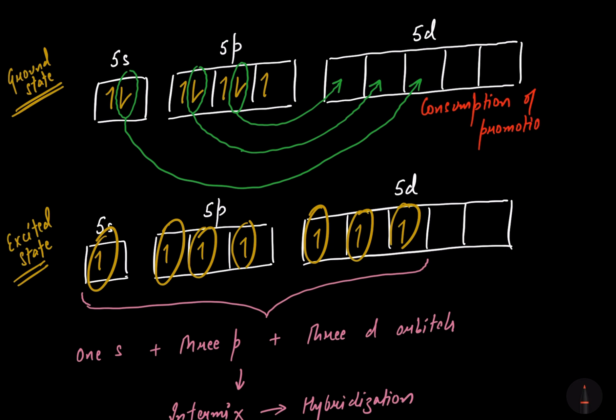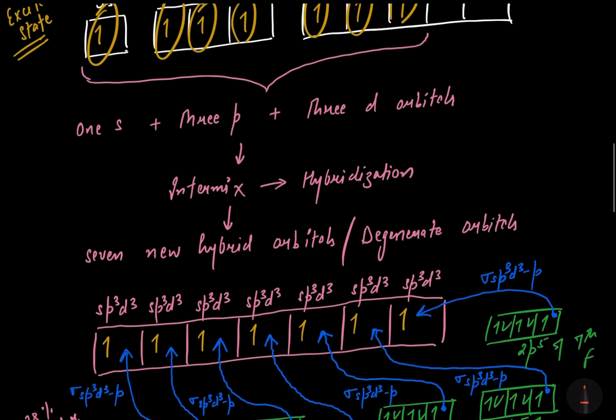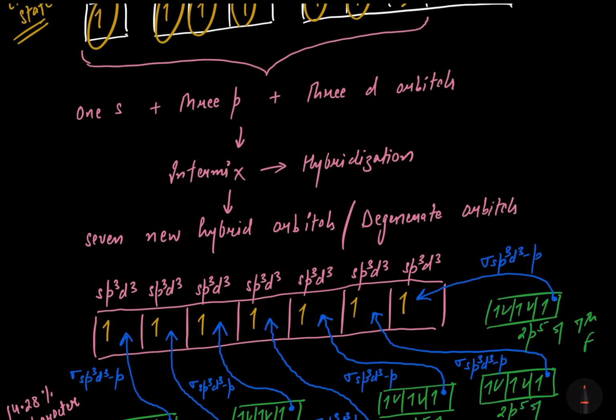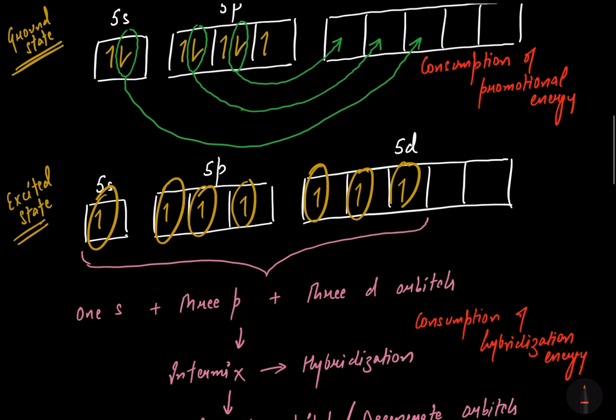That is the energy required for the promotion of electrons from 5s, 5p to the 5d. Now another type of energy required here is for the intermixing of atomic orbitals. So here the endothermic process will be termed hybridization energy. At this point, there is the consumption of hybridization energy. It is the energy required for the hybridization process, or we can say the energy required for the intermixing of atomic orbitals. So we got the two endothermic processes.